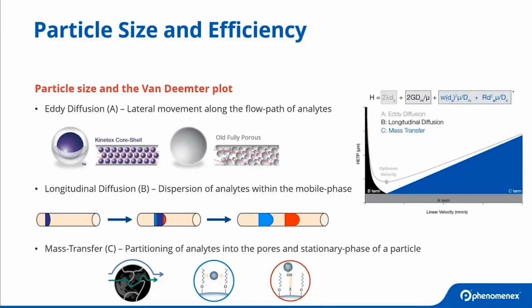When we speak about column efficiency, we often refer to it as plates, and that is a term borrowed from the distillation industry, where they literally use plates along a column to collect distillate that has condensed. The more plates present, the finer the partitions from one component within that distillate to the other.